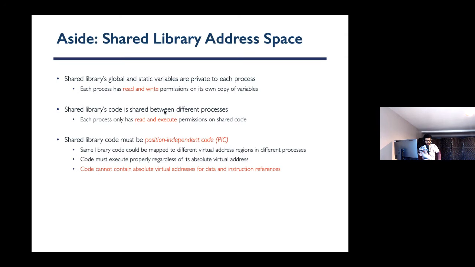You have to use position independent code, meaning that your code should be compiled and linked to be independent of where in the virtual memory, in which process's virtual address range, this library is going to be mapped. It should be independent of that.